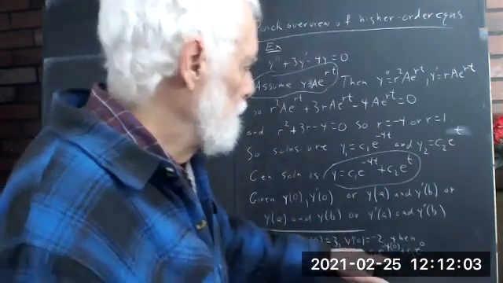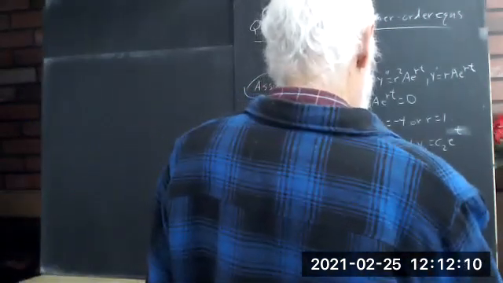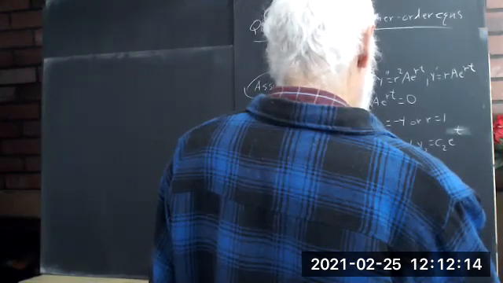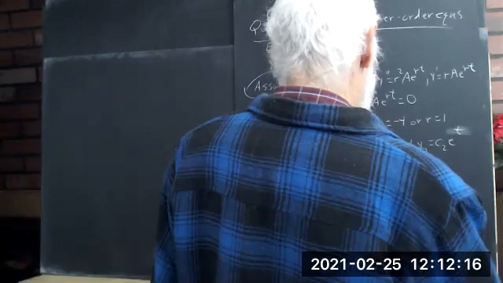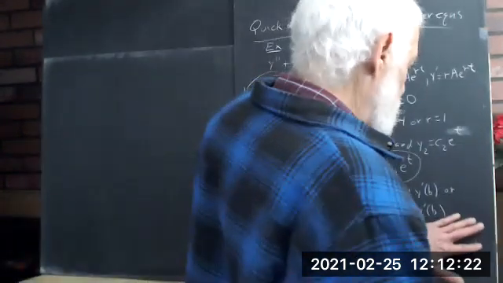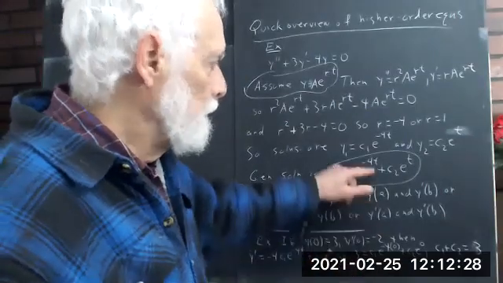So 3 equals C1 e to the -4 times 0 plus C2 e to the 0, or C1 plus C2 equals 3. That's from this equation.